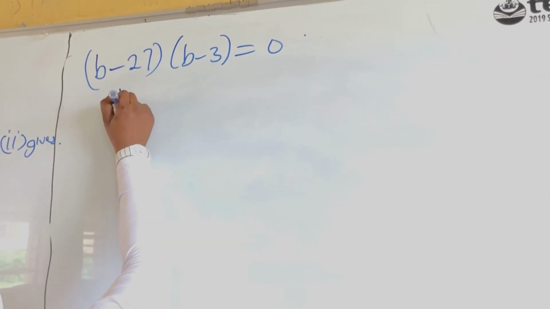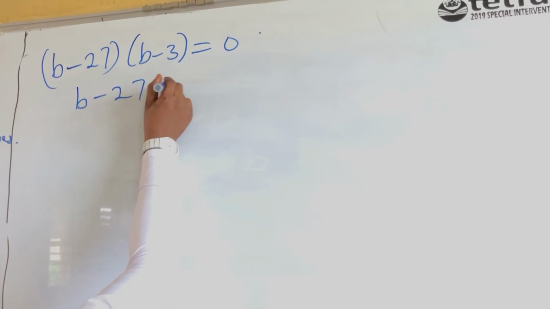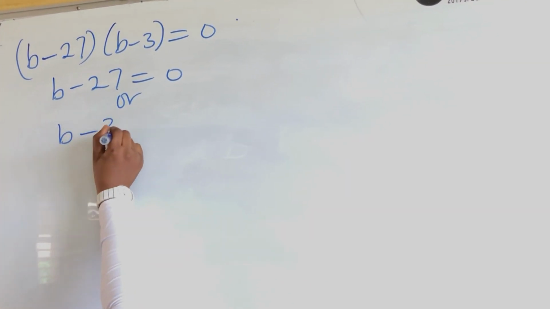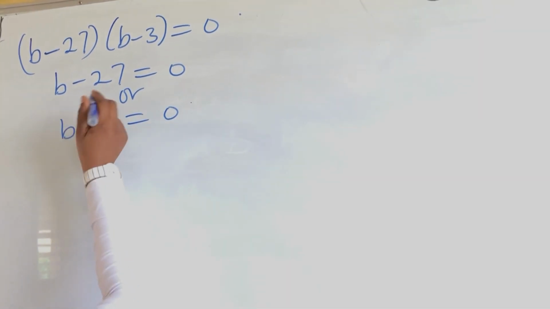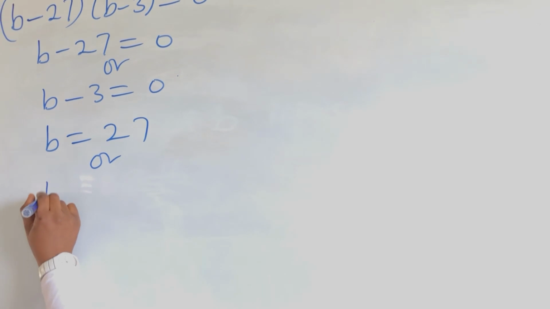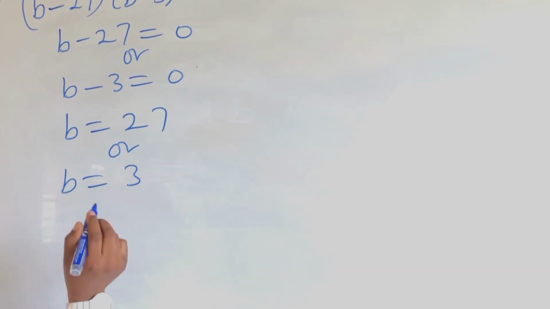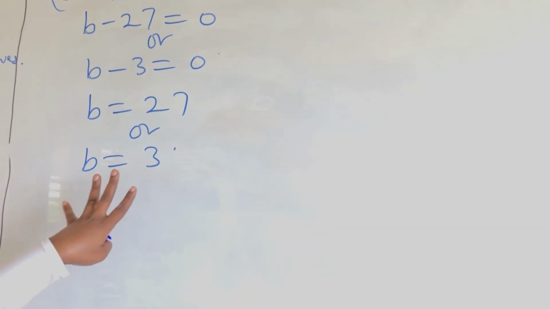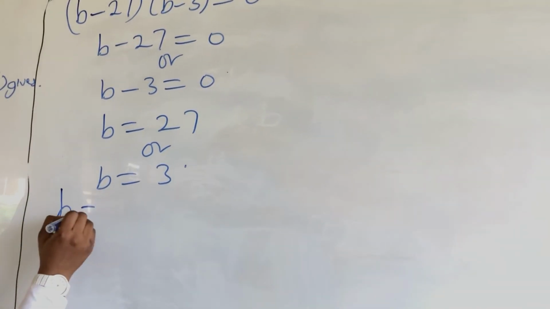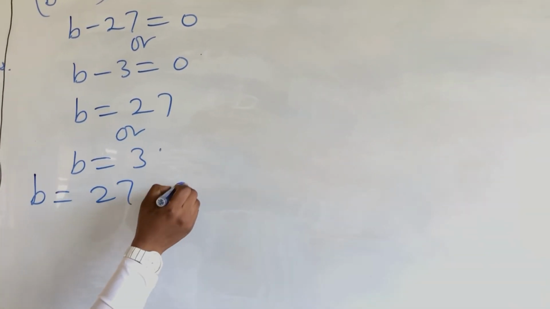So we can now say that B minus 27 is equal to 0, or B minus 3 is equal to 0. So from here, B is equal to 27 or B is equal to 3. So we have known the values of B, which are 27 or 3.